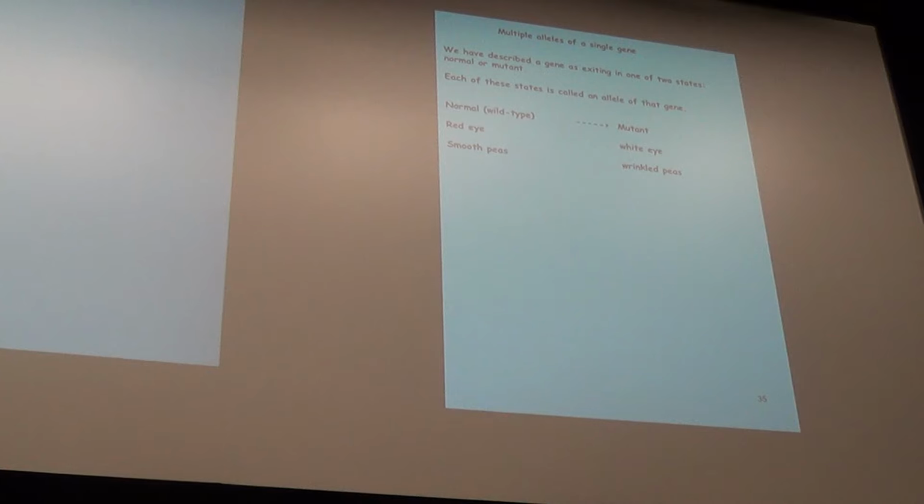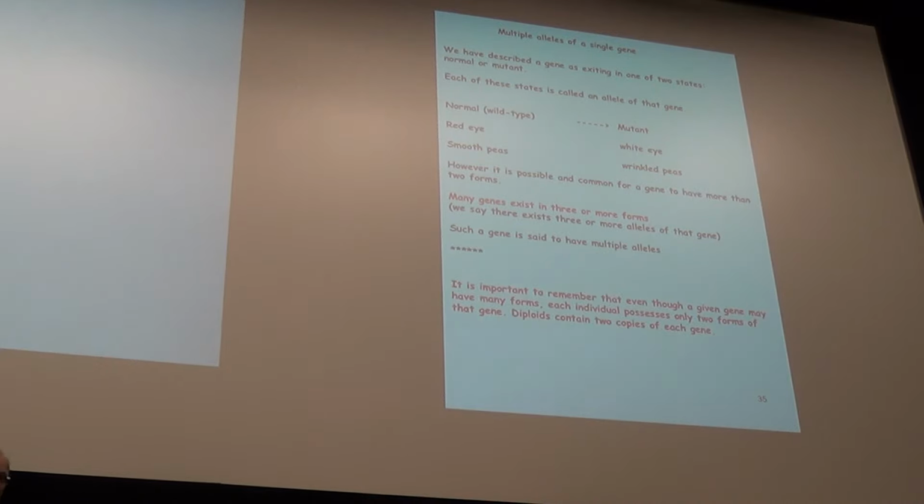Smooth peas, wrinkled peas: one allele, another allele. But it is very common for a gene to have more than 2 different forms in a population of individuals. Many genes will exist in 3 or more forms. And when we see this, we say there are multiple alleles of a gene.